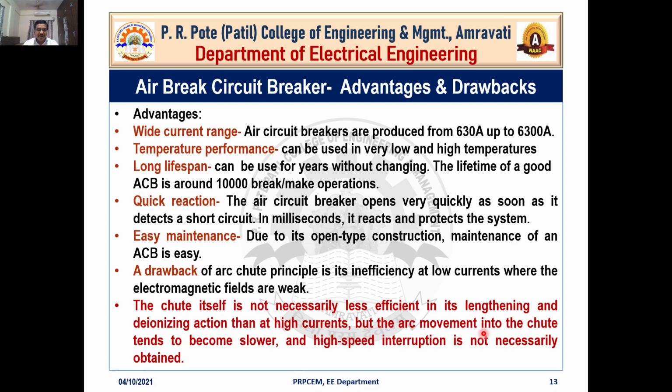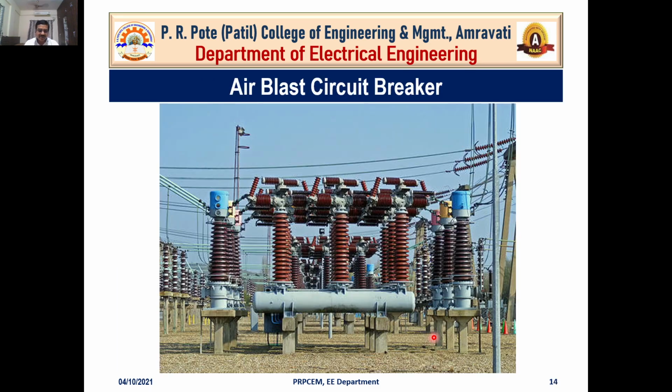The arc movement into the chute tends to become slower, and high speed interruption is basically not possible in this case, and that is the reason why we do not use it much in high voltage applications. So this is all about the air brake circuit breaker, its applications, advantages as well as drawbacks.